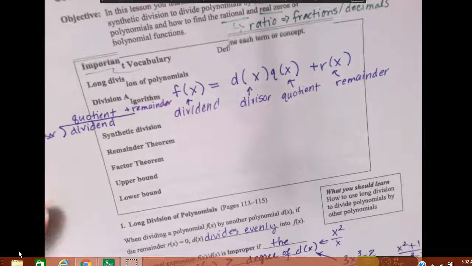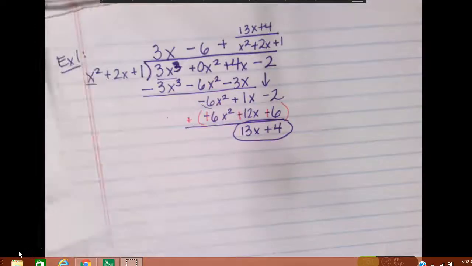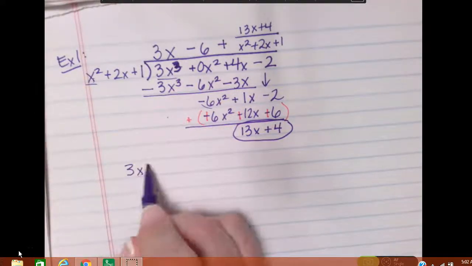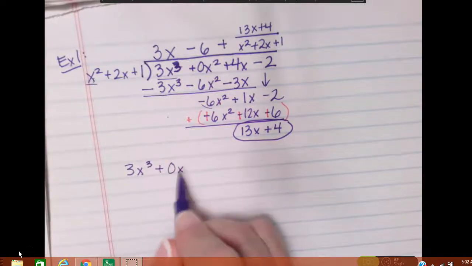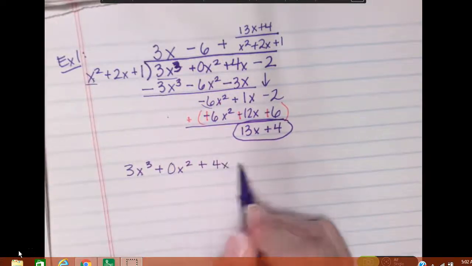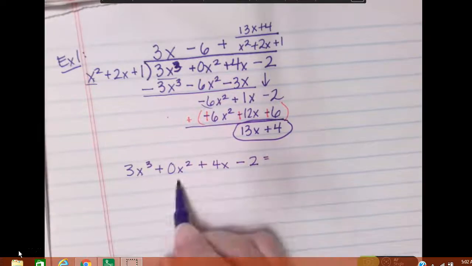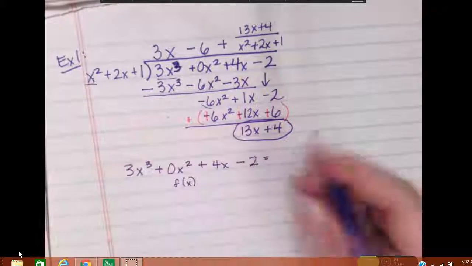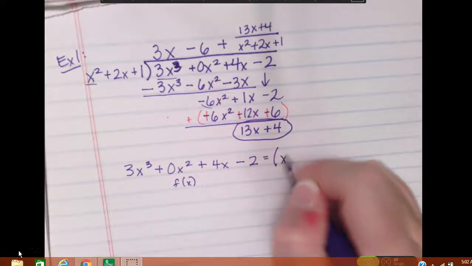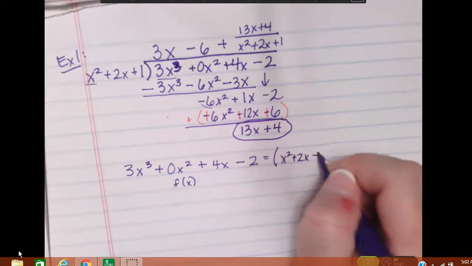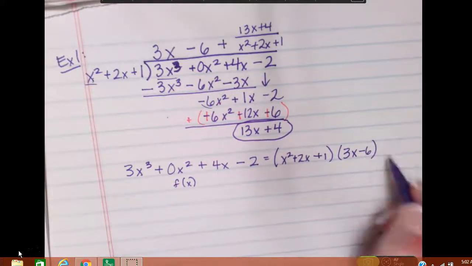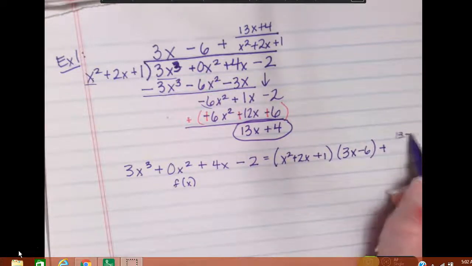So in our last example, we had our original function, that would be the f of x. It equals the divisor, x squared plus 2x plus 1, times the quotient plus that remainder.